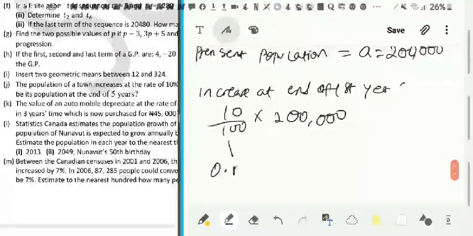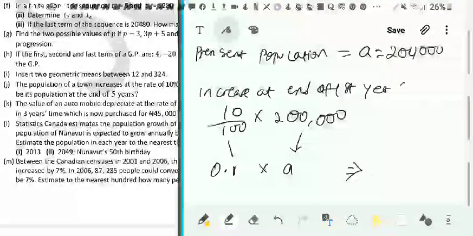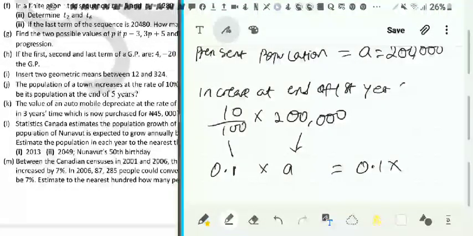This 200,000 is the same thing as A. So the increase at the end of the first year is 0.1 times A, or A open bracket 0.1.